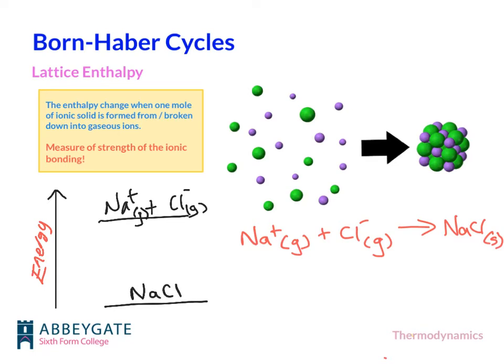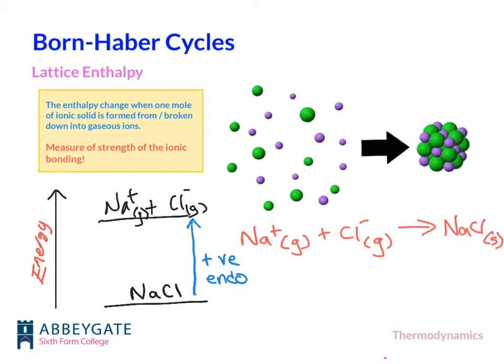So the distance between them, if we've got an arrow going up, is a positive enthalpy change, and this would represent our sodium chloride breaking down into the sodium ions and the chloride ions. We're going to have to put lots of energy in. This is endothermic.